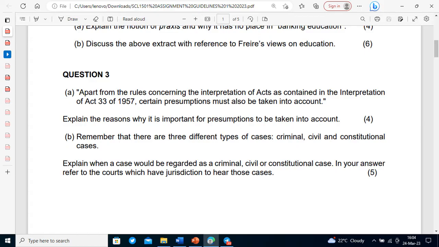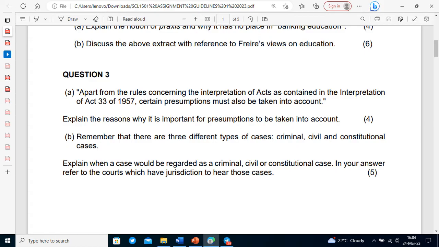For B, remember that there are 3 different types of cases: criminal, civil, and constitutional cases. Explain when a case should be classed as criminal, civil, or constitutional. In your answer, refer to the courts involved.